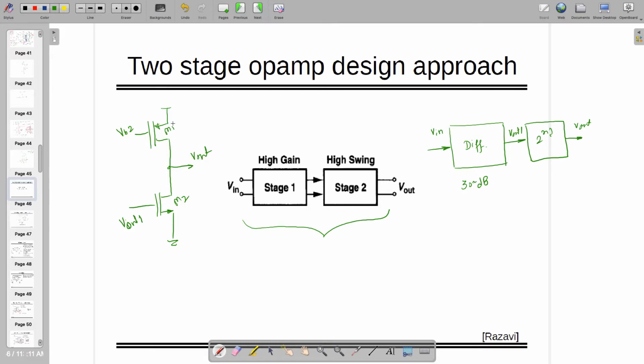So this stage, can you tell me what is the ICMR min for this case? Mahima, ICMR min. So you have to look at the input. Input is here. So downside. How much voltage you are seeing here?